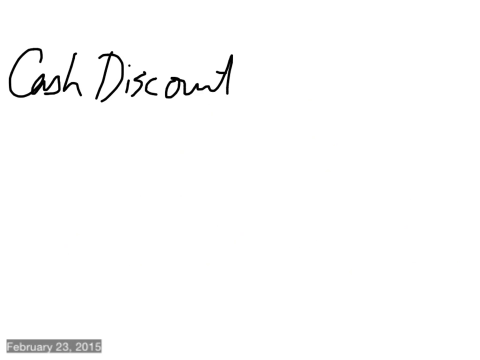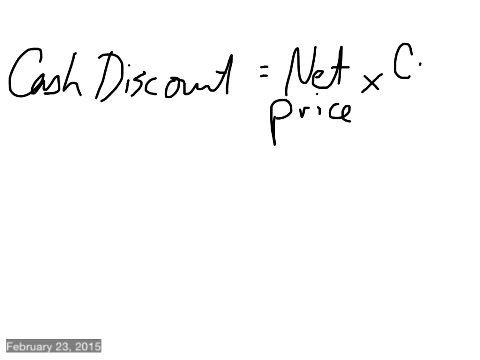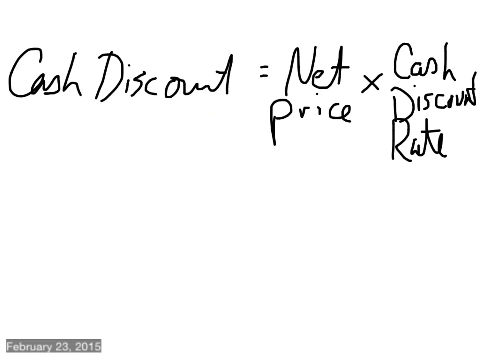The formulas that we're going to use: cash discount is going to equal your net price multiplied by the cash discount rate. And as Derek, I've asked you I don't know how many times, the rate is going to be a what?